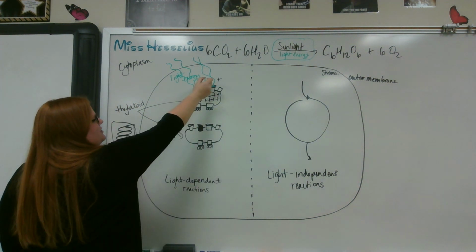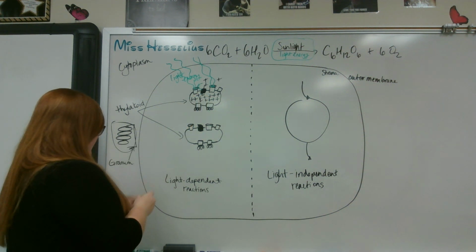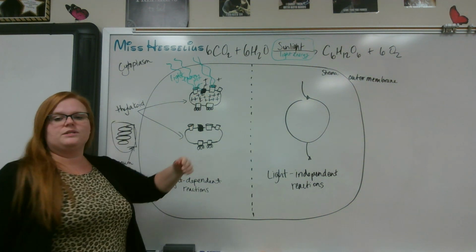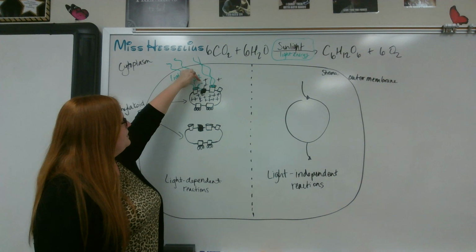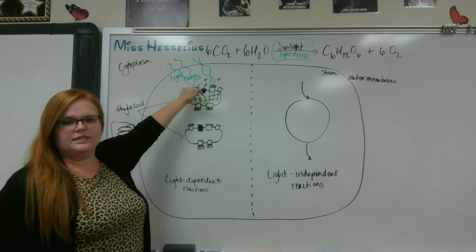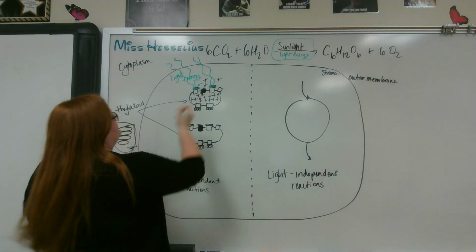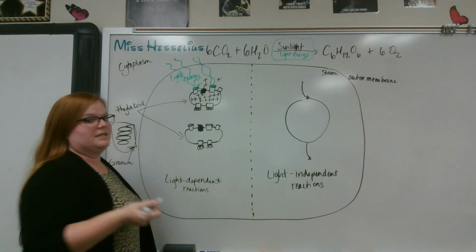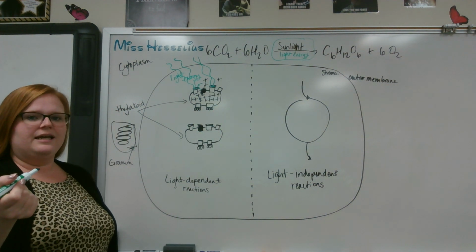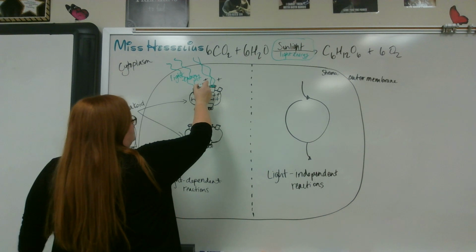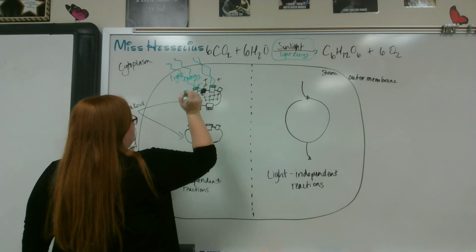So from low concentration out here to high concentration here. And because we're pumping protons against the concentration gradient from low to high concentration, that requires energy. And so the energy again is electrons, just like it was in the electron transport chain in the mitochondria. So this electron powers this pump.